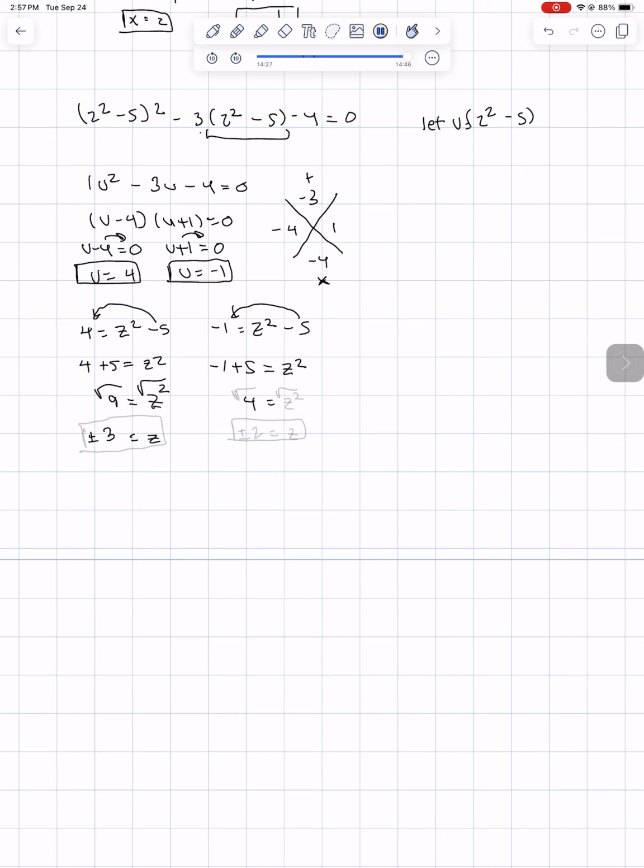I take the square root of both sides. So z is equal to plus or minus 2, because remember when you take the square root, you get a plus or minus result. So it means our answer is z equals plus or minus 3 and z equals plus or minus 2.